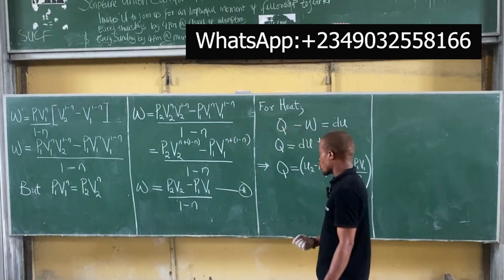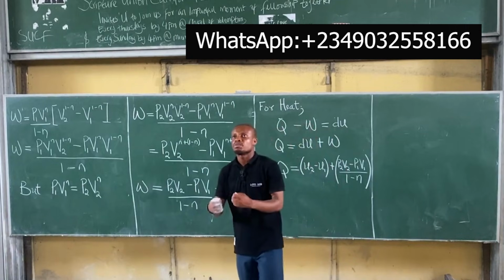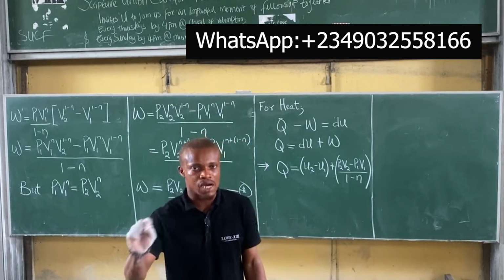What if the asterisk was given in specific property form? Then we multiply by mass.